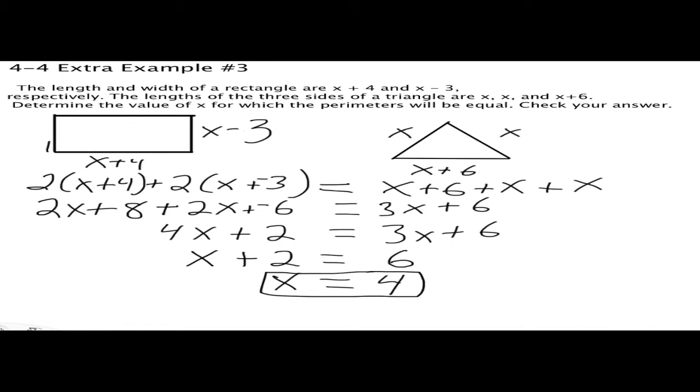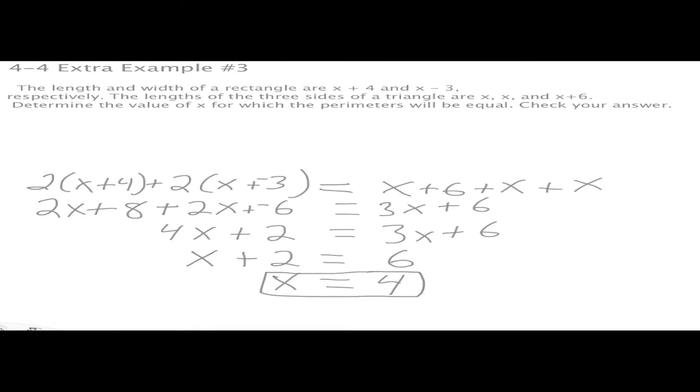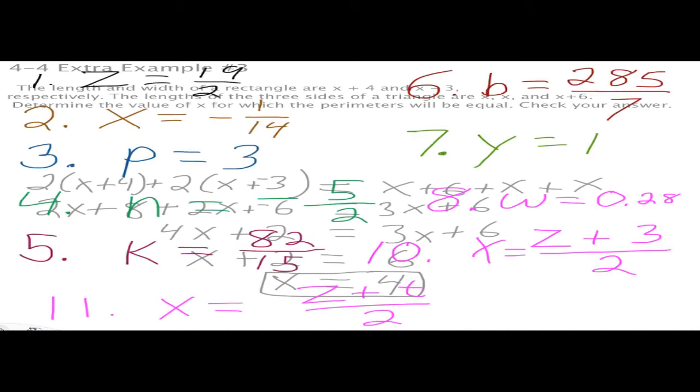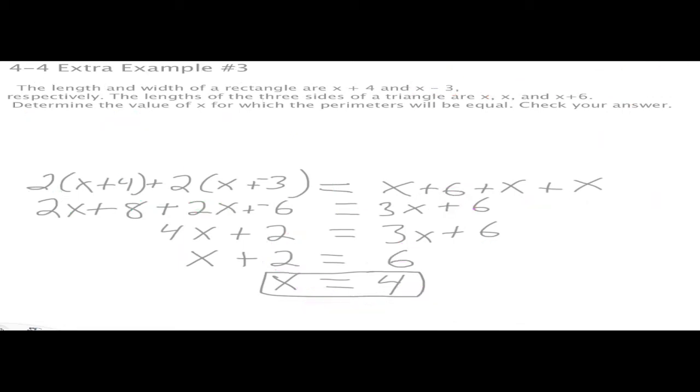So I'm going to dim this down a little bit, get rid of that one, and open up another page, because I want to be able to put this back in for my check.